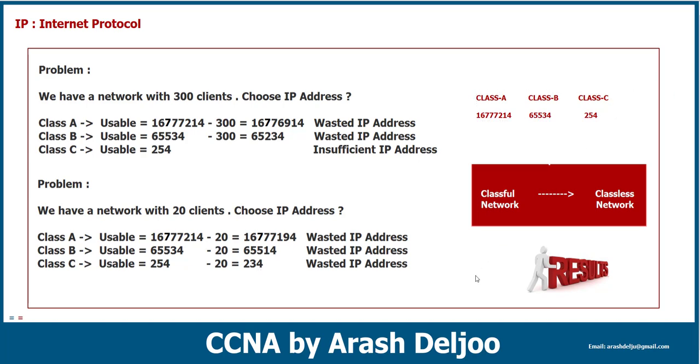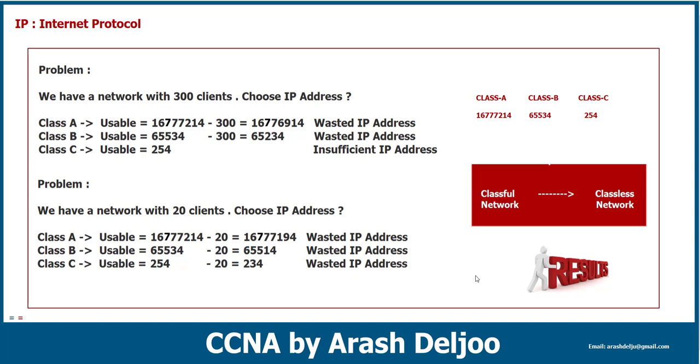The problem is that classful networks are not an efficient method for addressing. We are using a new, better, and more efficient method of IP addressing. We call it classless IP addressing and classless networks.